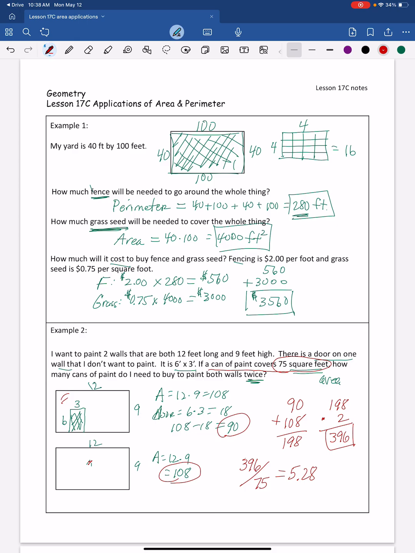Okay, so 5.28, I can't go into the store and say, hey, I need 0.28 cans. You can't buy a partial can like that. If I only bought 5, that's not going to be enough, because what am I going to do about this little piece out here? So almost always you're just going to round up that number, and in this case I would need 6 cans of paint.